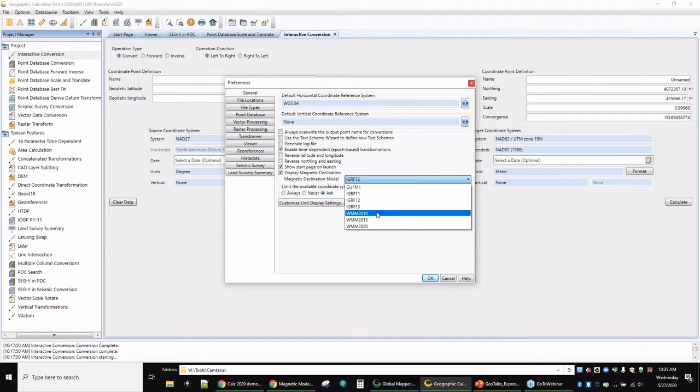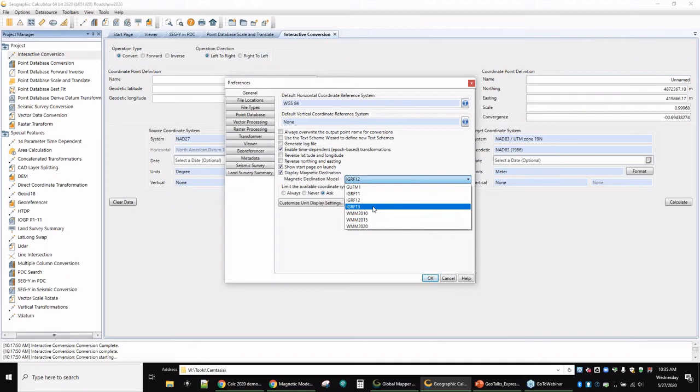So the 2010 model there goes from 2010 to 2015. 2015 model goes from 2015 to 2020, and then 2020 goes for the next 5 years. So from 2020 now until 2025. So these are predictive models in the World Magnetic Model, and the IGRFs are all basically historical models. There is some overlap built into those. They are essentially very, very close to the same thing.